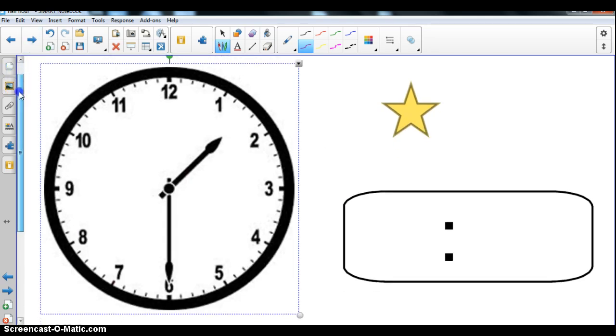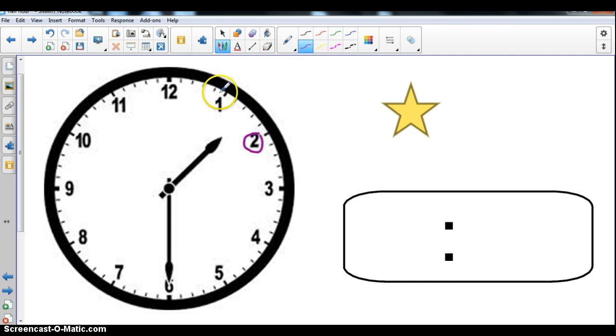Now I want you to try one. Notice that the hour hand, the short hand, is right in between the 1 and the 2. If a clock is moving this way, it's after the 1, but it has not reached the 2 yet.